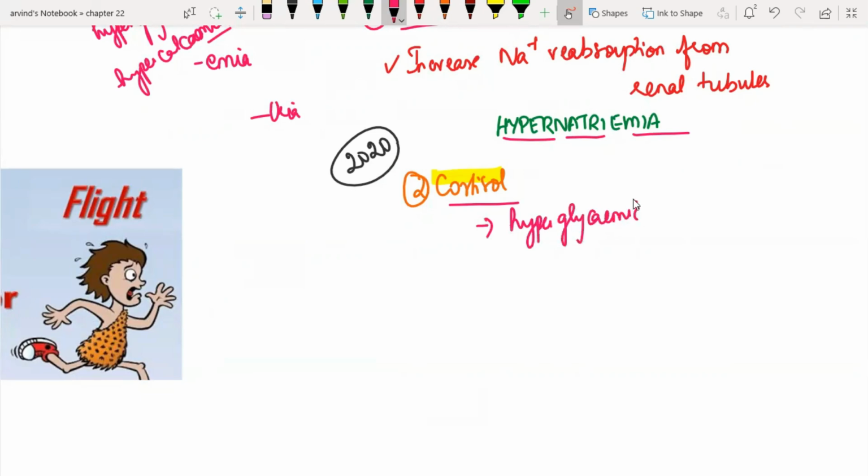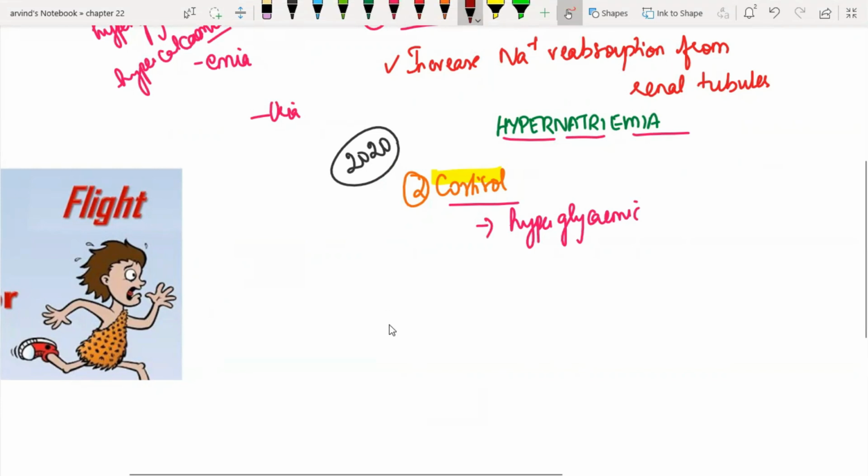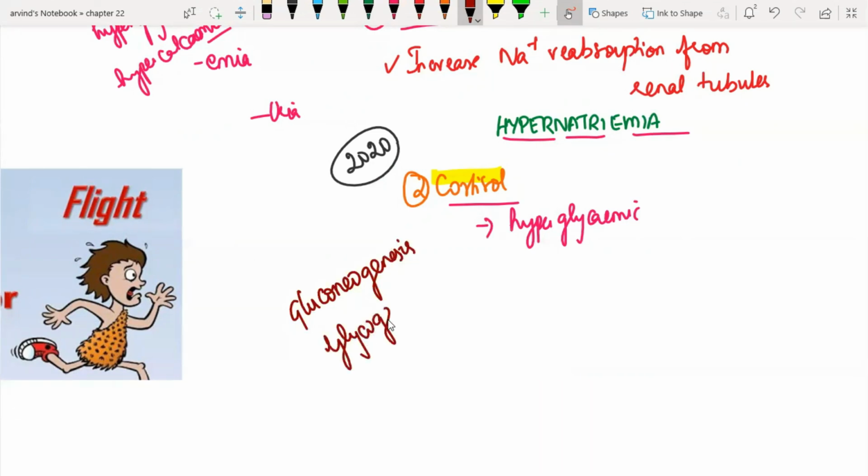Now, if you remember my glucose homeostasis video, there we saw glucagon is a hyperglycemic hormone that is going to increase the blood glucose level by stimulating two processes. If you remember, one is gluconeogenesis, another one is glycogenolysis, breakdown of glycogen.